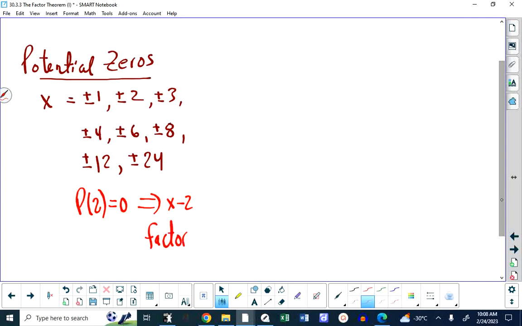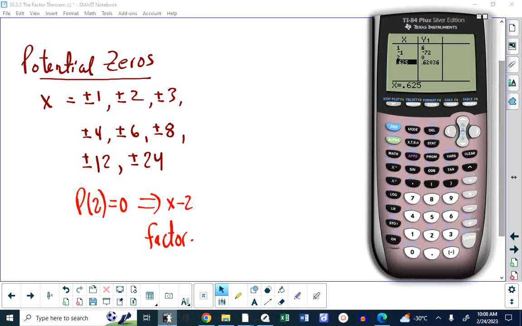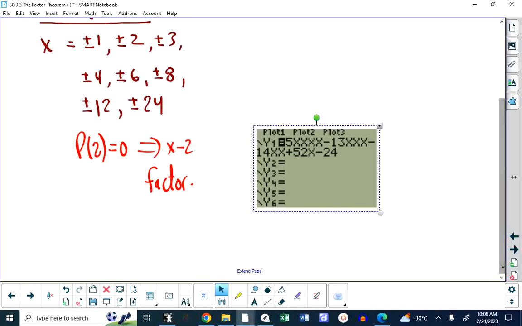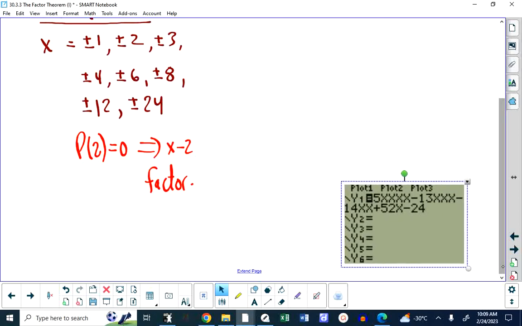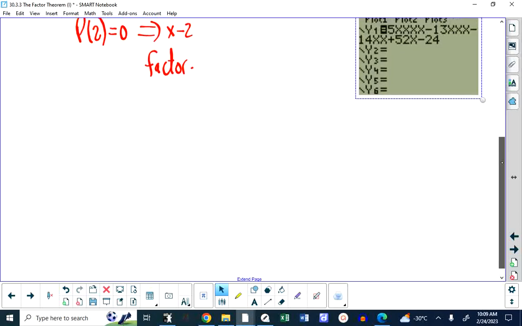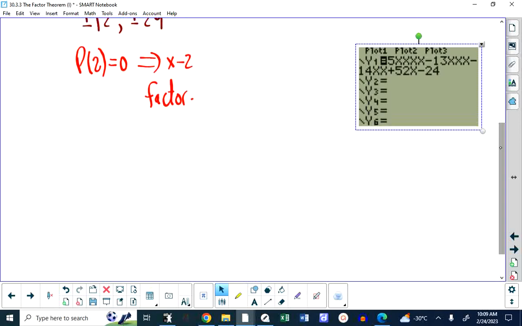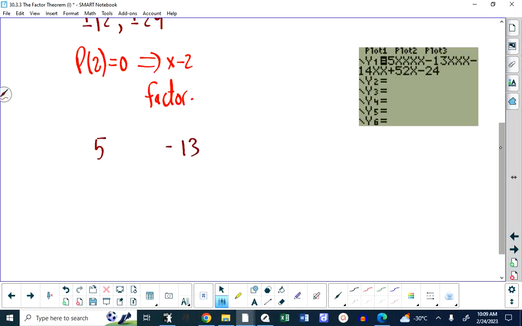So we are going to have to perform now synthetic division of that polynomial. I'm just putting this here so I don't have to scroll back up. Of that polynomial by x minus 2. So we have 5x to the 4 minus 13x cubed minus 14x squared plus 52x minus 24.